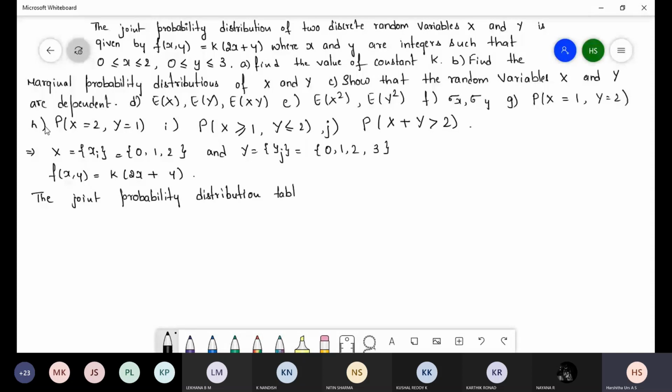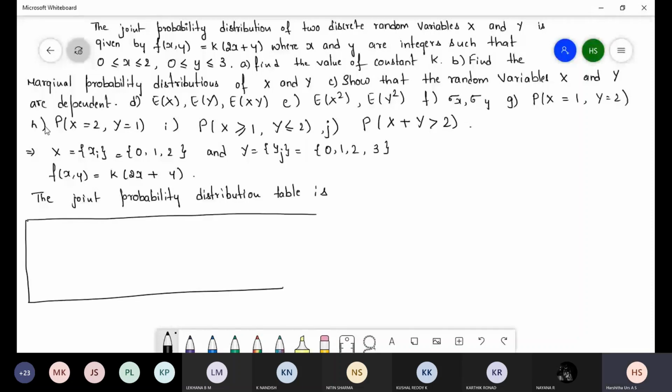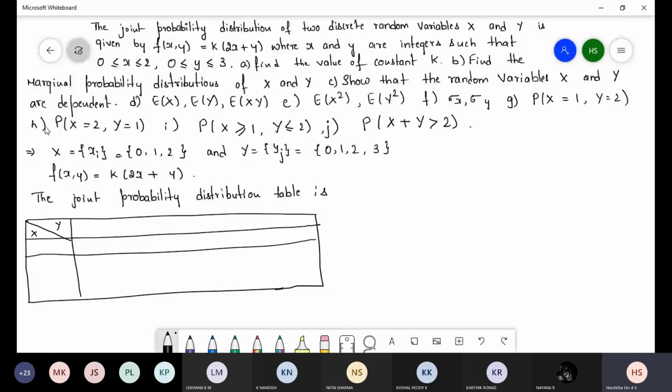Here I write y and here x. X values we have three values, that is 0, 1 and 2.